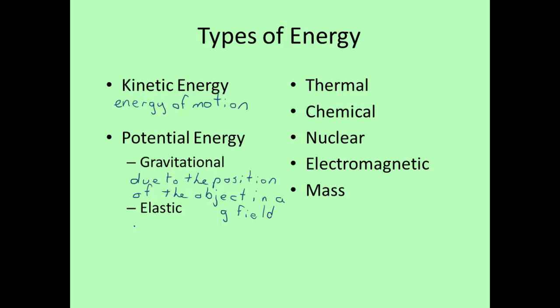Now, elastic potential energy is due to the stretch or compression of an elastic material. Sometimes the stretch is called an elongation. So due to the stretch or compression of an elastic material.